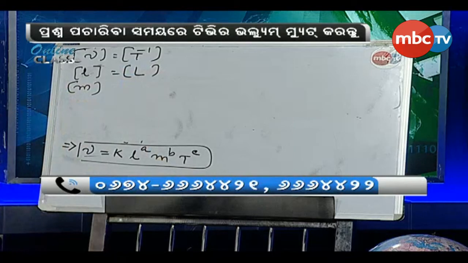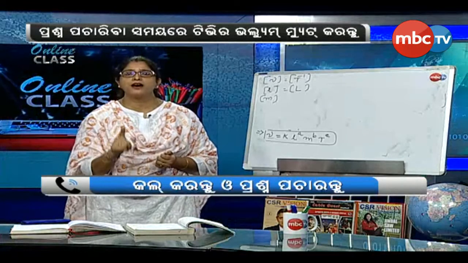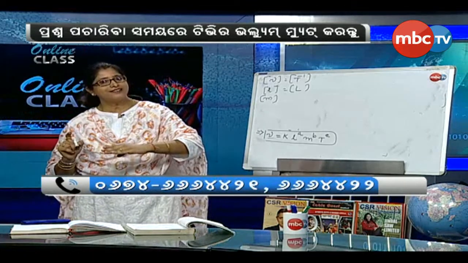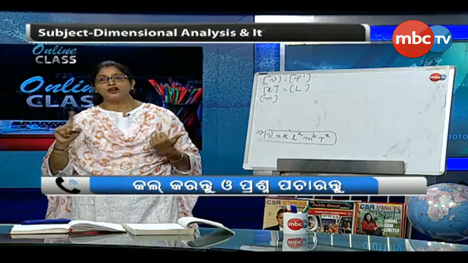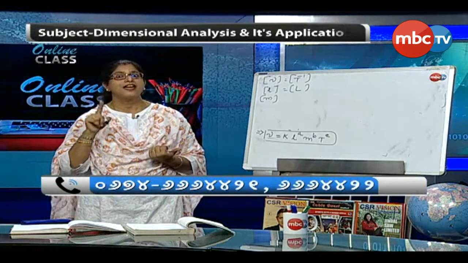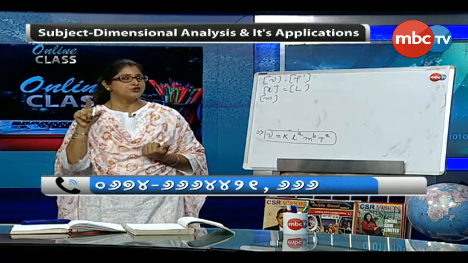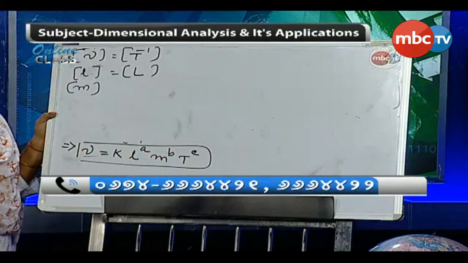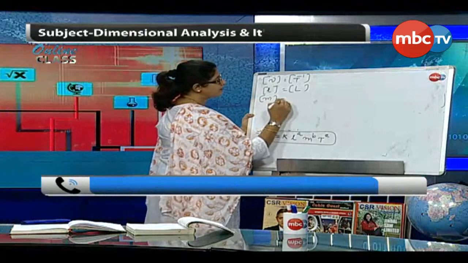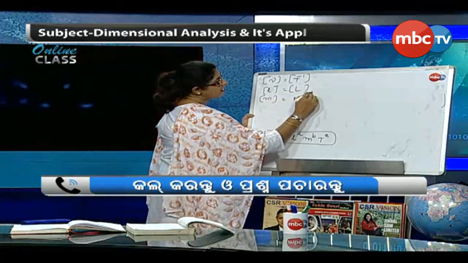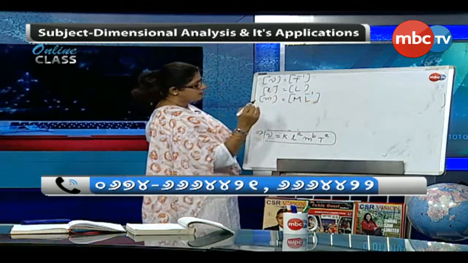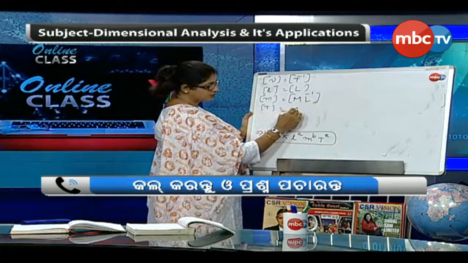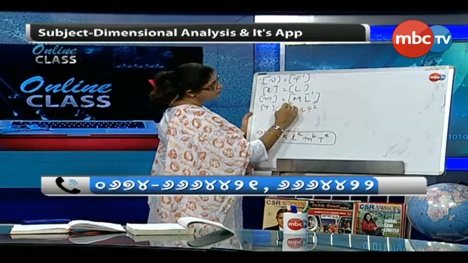M is not mass, it's mass per unit length, mass upon length, so its dimension is not M, rather it's M L^-1. Then T, tension in the string, is force, so its dimension is M L T^-2.